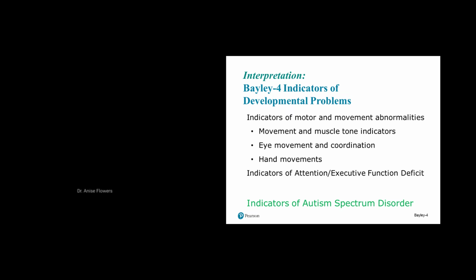And then the list that we're focusing on today, the indicators for autism spectrum disorder. So these are red flags that can suggest underlying developmental problems. The incidence of these indicators is low, even in clinical populations, and so they're of note in your overall observation.